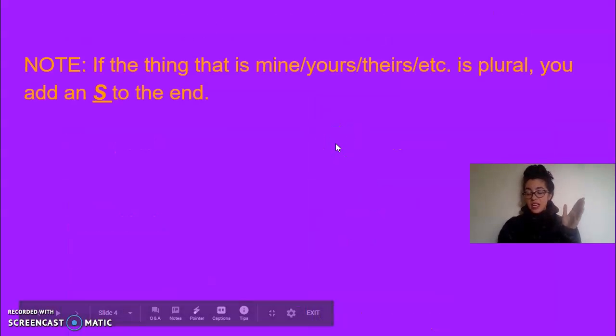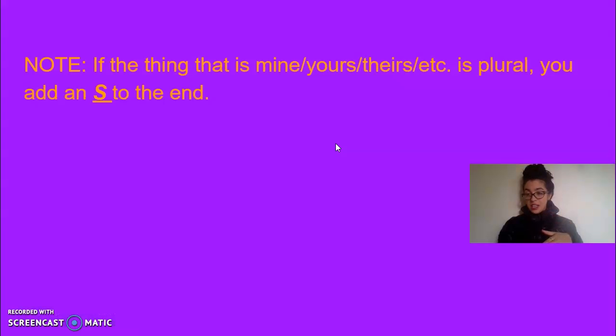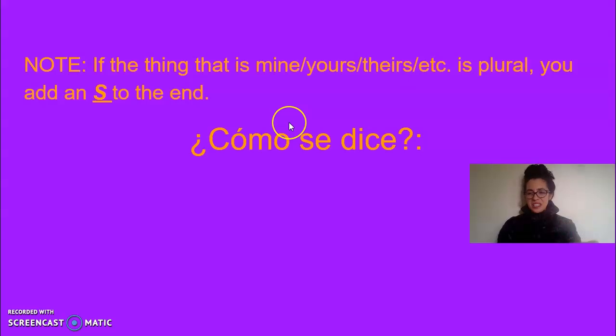The other thing that we have to keep in mind that we have to do in Spanish that we don't have to do in English is that if the thing that belongs to the person is plural, if there's more than one, we need to make the word mine, yours, theirs into a plural also. What am I talking about? Okay. ¿Cómo se dice? How do you say my friends in Spanish?